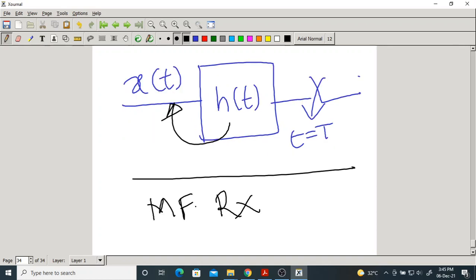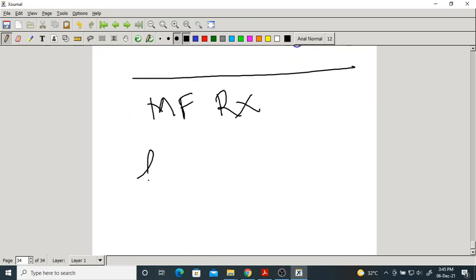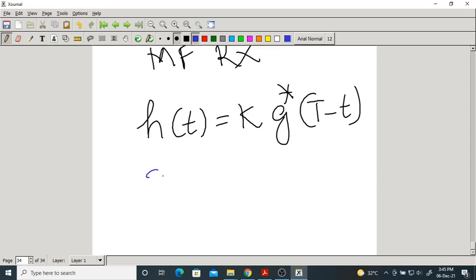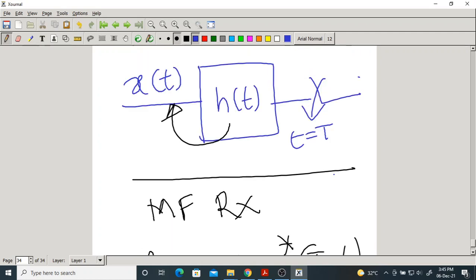How is it matched? In what way? Whenever h of t is some k into g conjugate of T minus t, the SNR is maximum and the probability of error will be minimum. Okay. So why are we sampling at capital T? Because we get maximum signal power at that particular point of time. Now this is the simplest receiver called matched filter receiver.